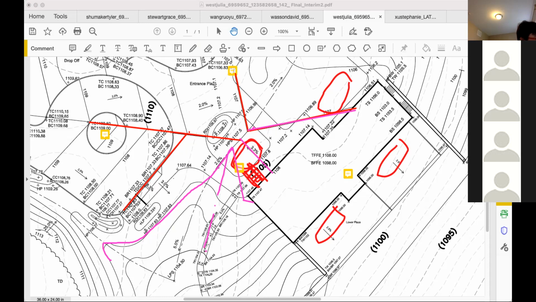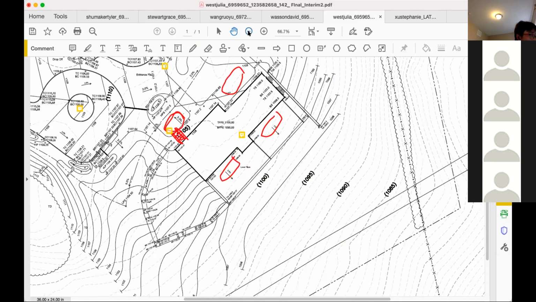So there was a problem with the center line delineation. Looking at larger scale, what could be done?